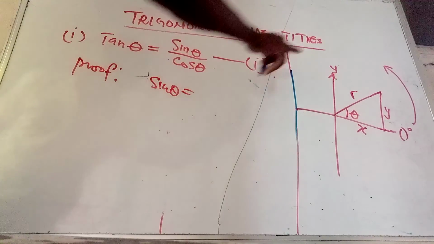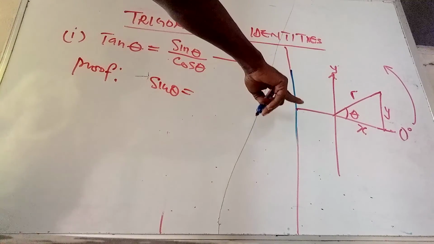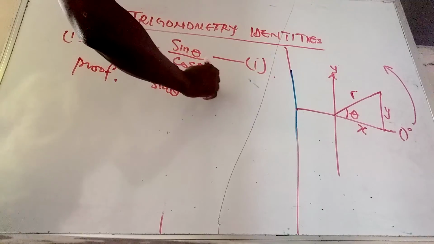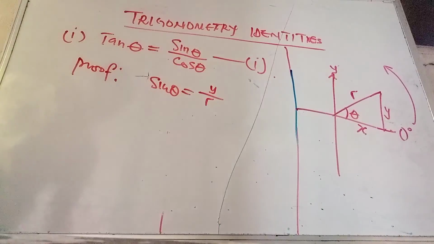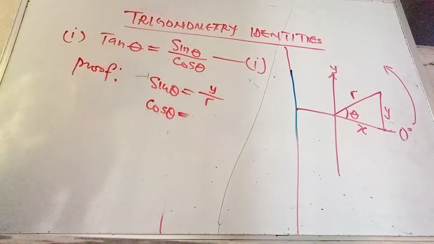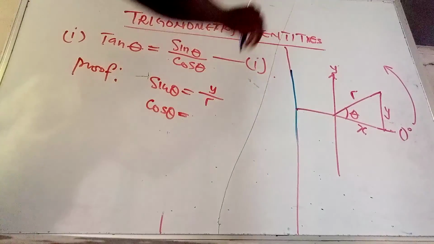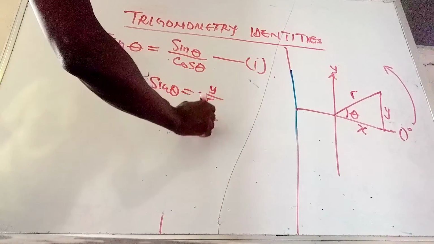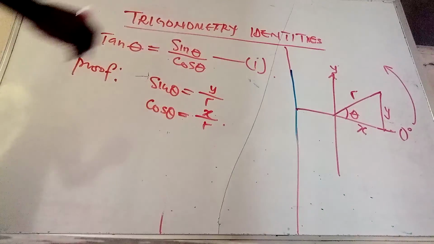Sine of theta will be opposite over hypotenuse, which is y over r. Cos of theta will be adjacent over hypotenuse, which is x over what? R.